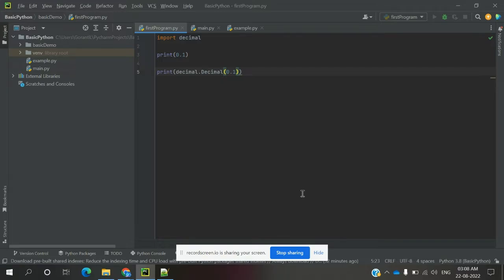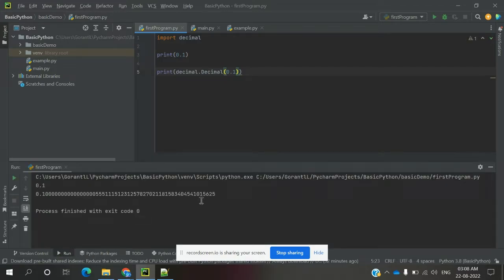Now I'm executing here. You can see the difference. With a normal float, if you print 0.1, it becomes 0.1 only, and if you print Decimal of 0.1, it will provide the full length of remaining values.